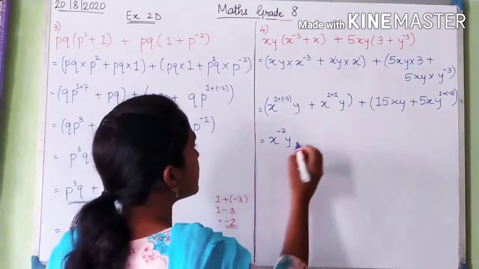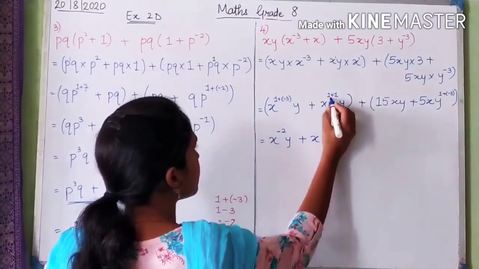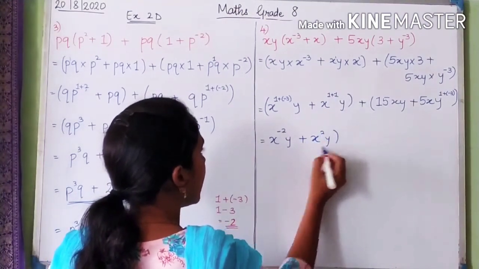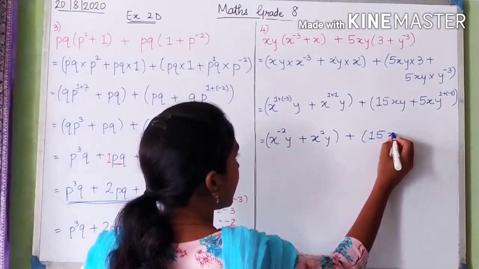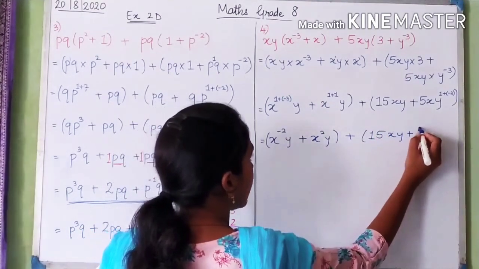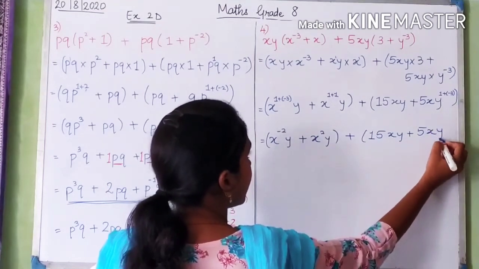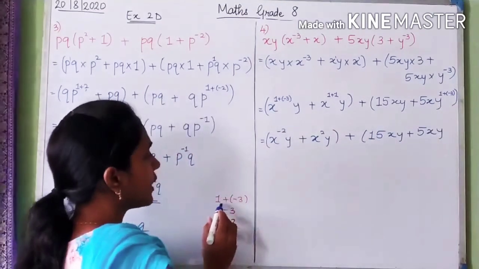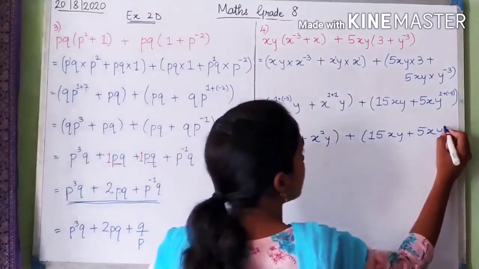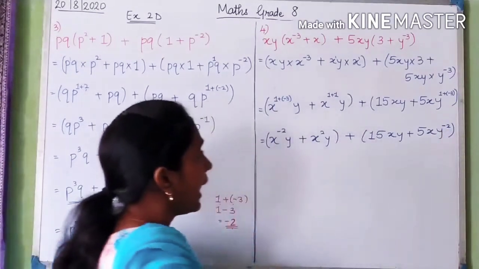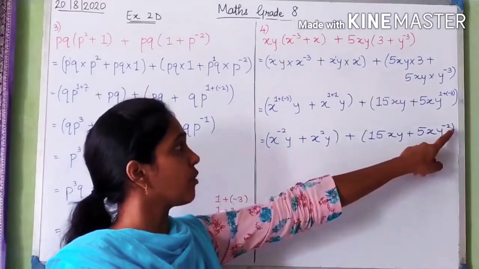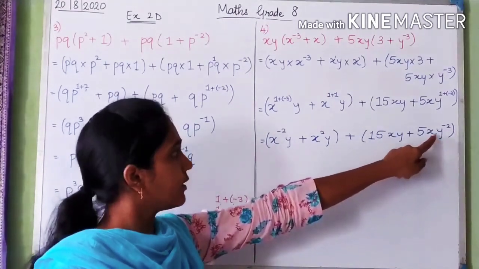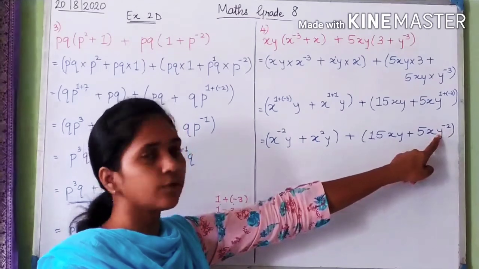So the power of this x here will be minus 2. So x raised to minus 2 y plus x raised to 1 plus 1 is 2, y. This is the first expression. Then the second, 15xy plus 5x y raised to 1 plus minus 3. We know that 1 plus minus 3 is minus 2. So y raised to minus 2. And here you need to be careful with the powers. Here this power minus 2 is only for y, not for x.